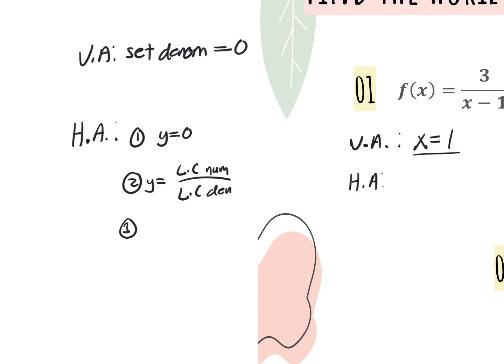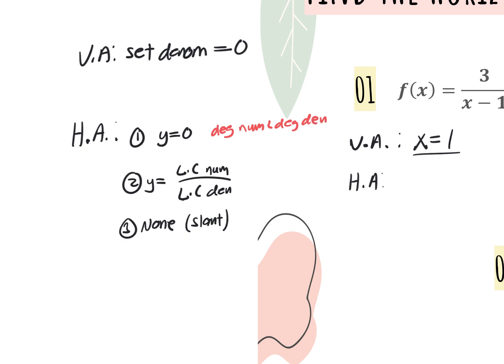And then the third case is it's going to be none, where in this case you might get a slant asymptote. All right. Now it's y equals 0 when, hopefully you remember, the degree of the numerator is less than the degree of the denominator.